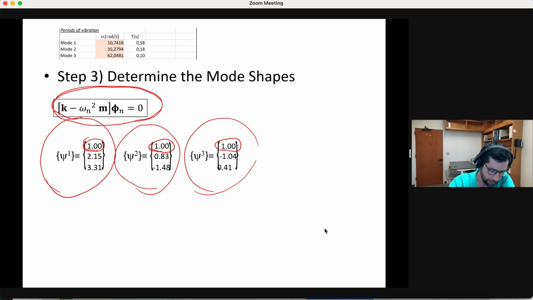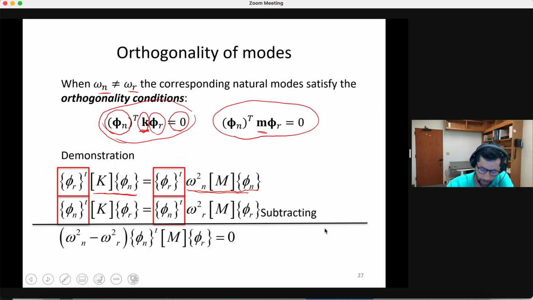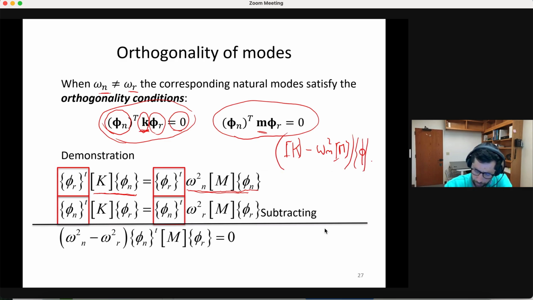All I did here was basically to write that we know that K minus omega n squared times the mass matrix times phi, which is the mode shape vector, is equal to 0. And therefore, this can be written as K times the mode shape vector is equal to omega n squared times the mass matrix times the mode shape vector.